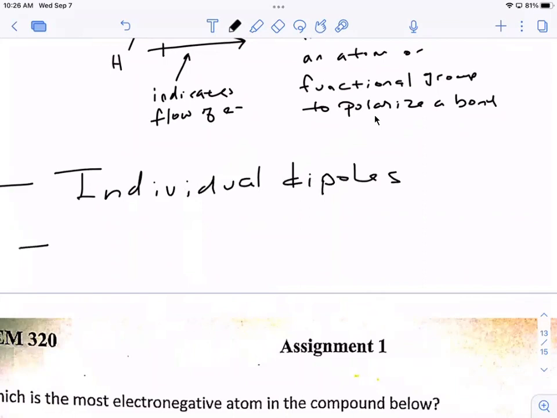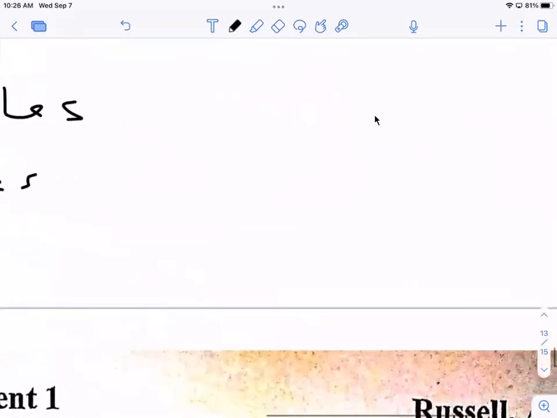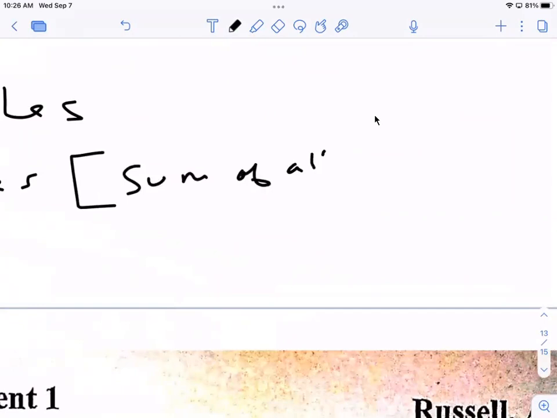And then you also have molecular dipoles. This is just a sum of all dipoles.